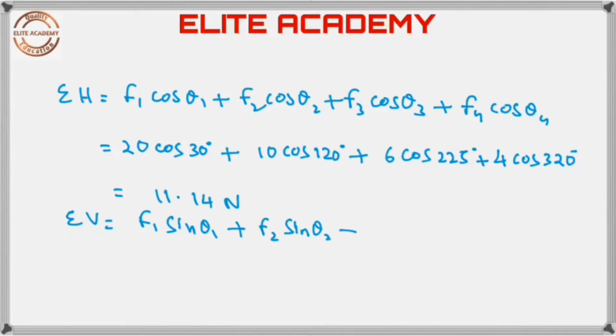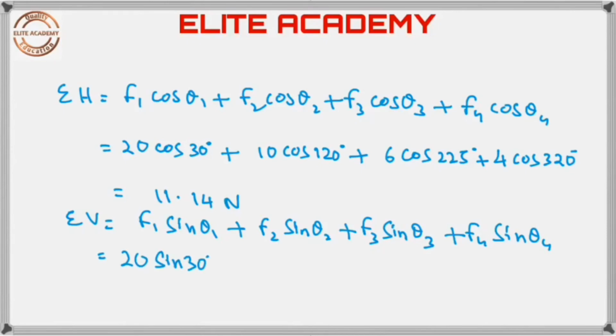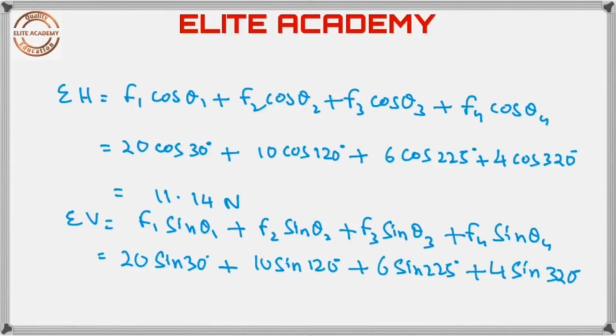In the same way, let us find sigma v, that is F1 sin theta 1 plus F2 sin theta 2 plus F3 sin theta 3 plus F4 sin theta 4. So we get 20 sin 30 degrees plus 10 sin 120 degrees plus 6 sin 225 degrees plus 4 sin 320 degrees. So sigma v is equal to 11.84 newtons.